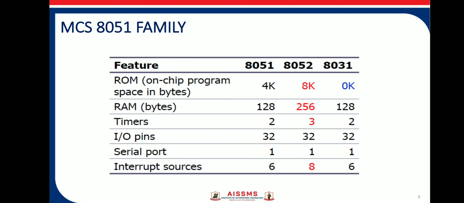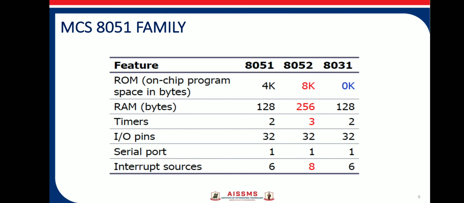A few family members of the 8051. The 8051 has 4K on-chip ROM, 128 bytes of RAM, 2 timers, 32 IO pins, a single serial port and 6 interrupts. The 8052 has 8 kilobytes of ROM, 256 bytes of RAM, 3 timers, 32 IO pins, a single serial port and 8 interrupts.